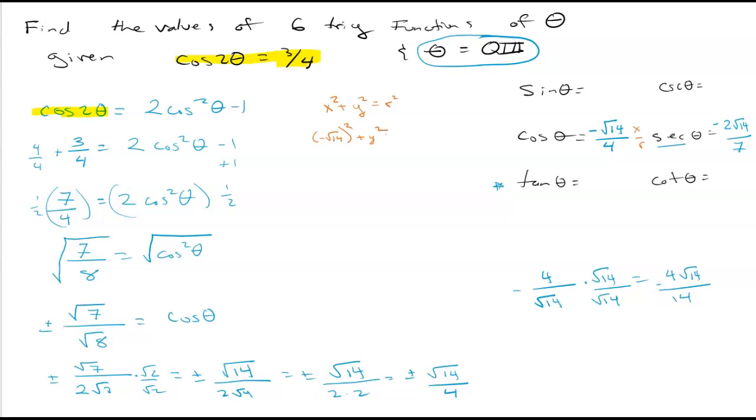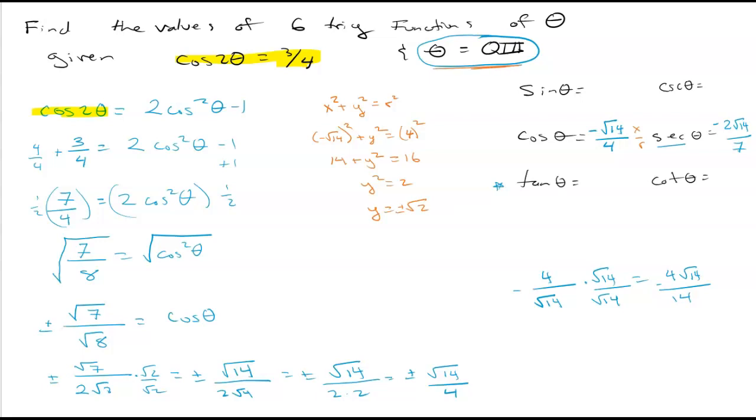I don't know my y value, and my r happens to be 4. So I get 14 plus y squared is equal to 16. Subtract 14 from both sides. I get 2. Y is equal to plus or minus the radical of 2.